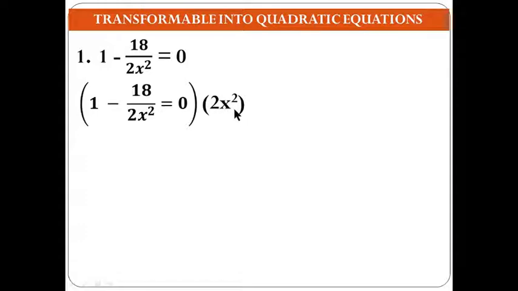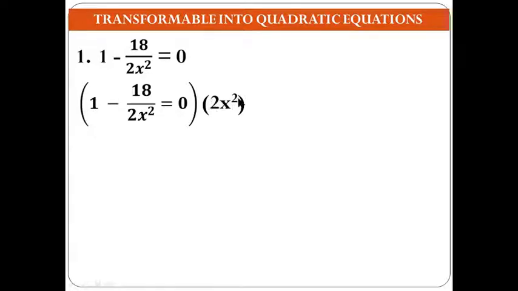So, next is, para matanggal itong denominator, yung LCD divided by, i-divide siya sa denominator. So, 2x squared divided by yung denominator dito na 1.